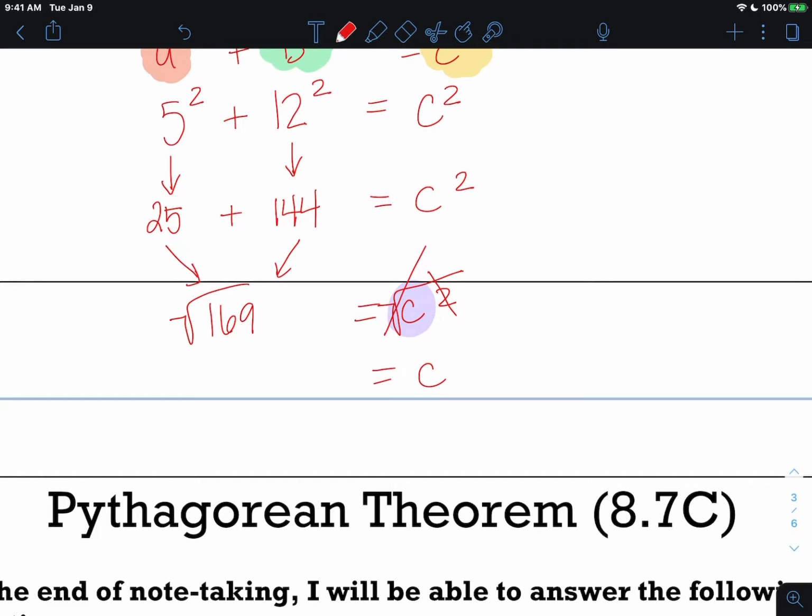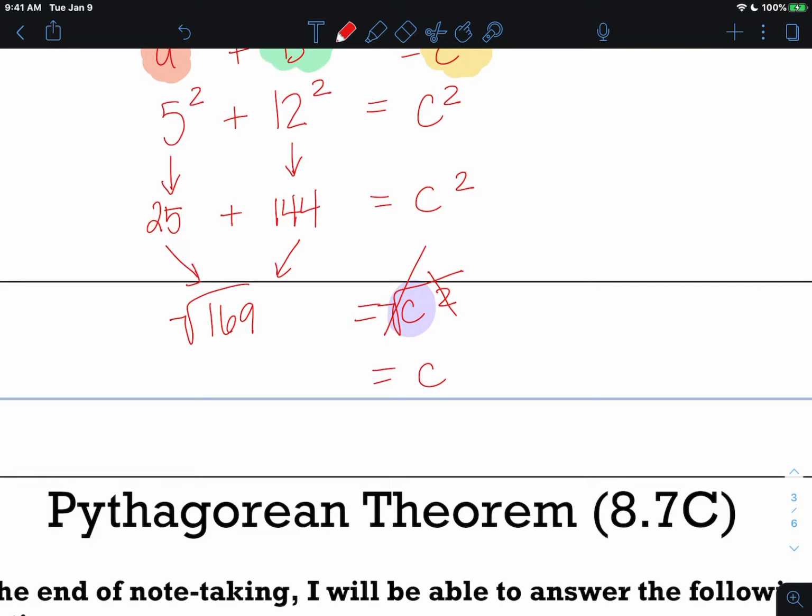Well, let me think about that. 1 times 1 is 1, 2 times 2 is 4, 3 times 3 is 9, 4 times 4 is 16, 5 times 5 is 25, 6 times 6 is 36, 7 times 7 is 49, 8 times 8 is 64, 9 times 9 is 81, 10 times 10 is 100, 11 times 11 is 121, 12 times 12 is 144, and 13 times 13 is 169.